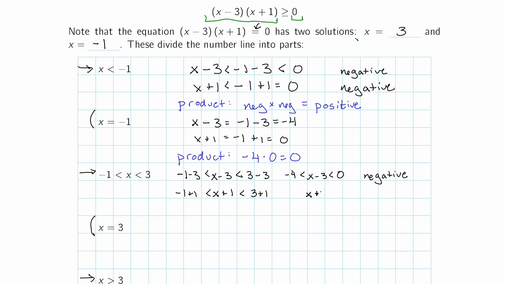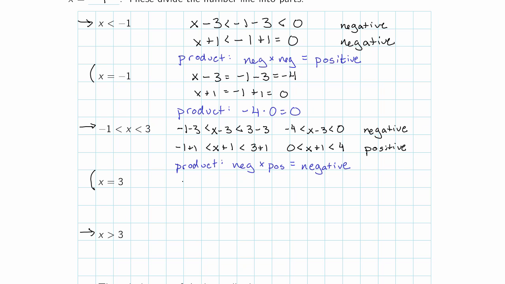So x plus 1 is between 0 and 4, which makes it positive, which means that the product now is a negative times a positive. So the product now is negative.